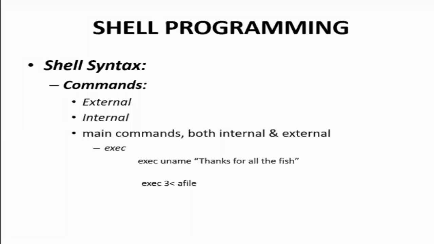So this exec 3 < afile causes the file descriptor 3 to be opened for reading from the file called afile, but it is rarely used. This is another example of exec.